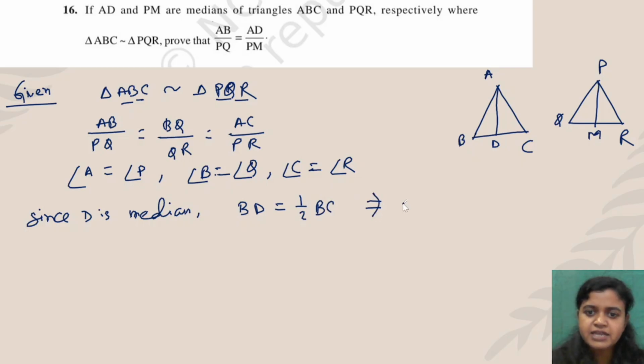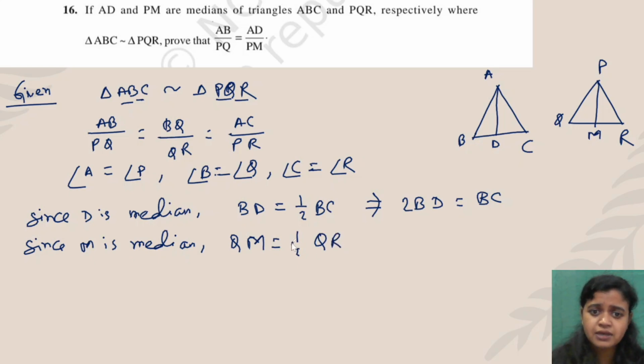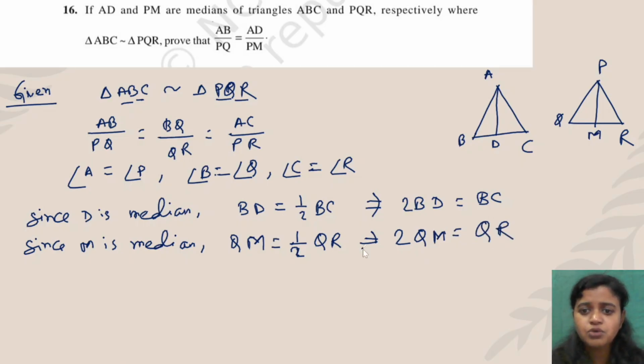So you can write 2BD equals BC. Similarly, since M is the midpoint, QM equals half of QR, so 2QM equals QR.